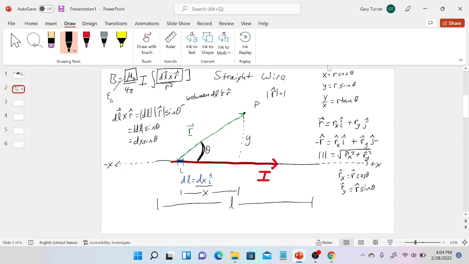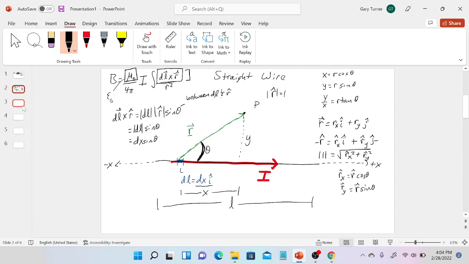R hat and DL are not perpendicular to each other, so you can't just use the right-hand rule. If you want to be very precise about this, you have to do the matrix.